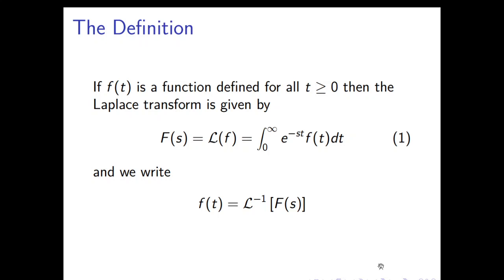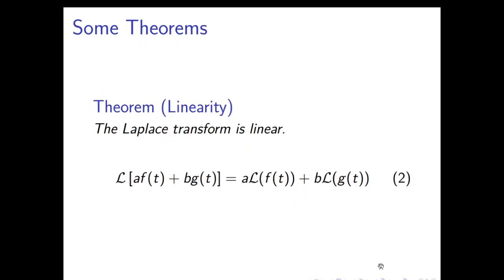What we are going to use is this one-to-one correspondence: if capital F of s is the Laplace transform of f of t, then f of t is the inverse Laplace transform of capital F of s. This will be clear when we deal with some numerical problems.